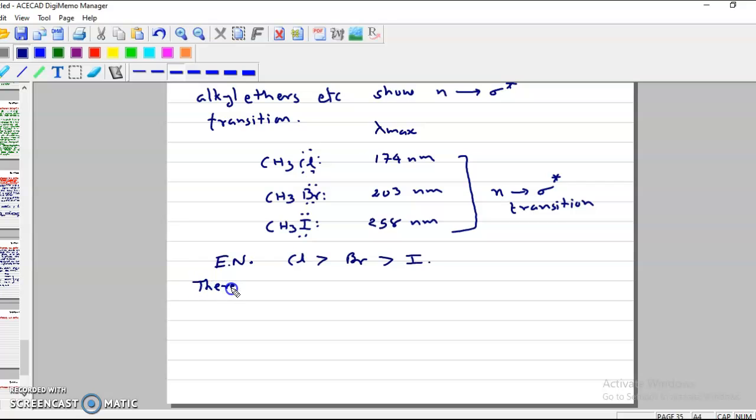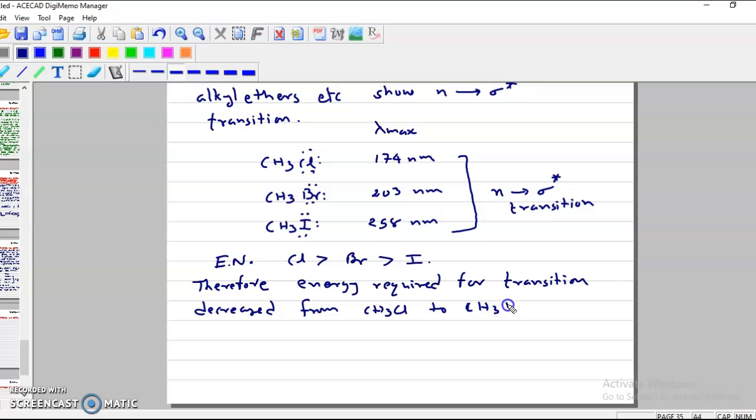Therefore, energy required for transition decreased from methyl chloride to methyl iodide, so that absorption wavelength, that is lambda maximum, increases.